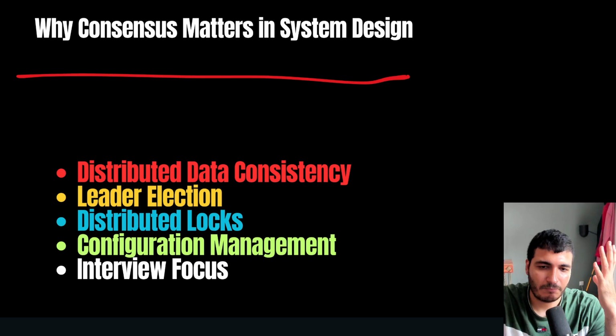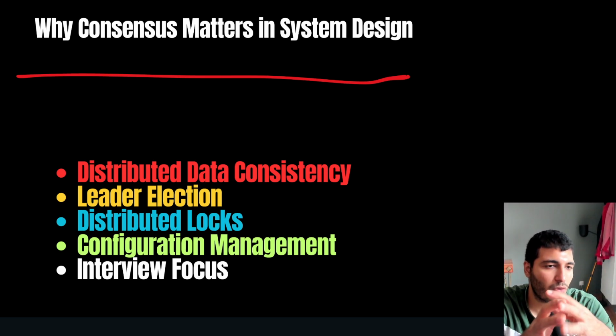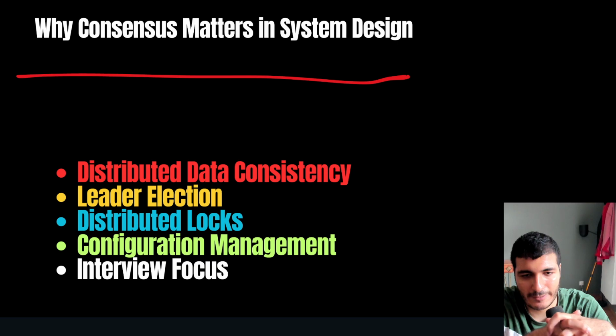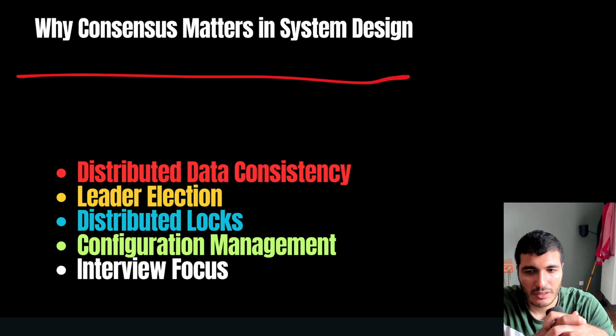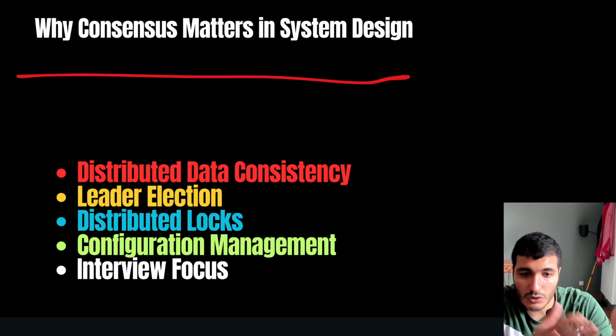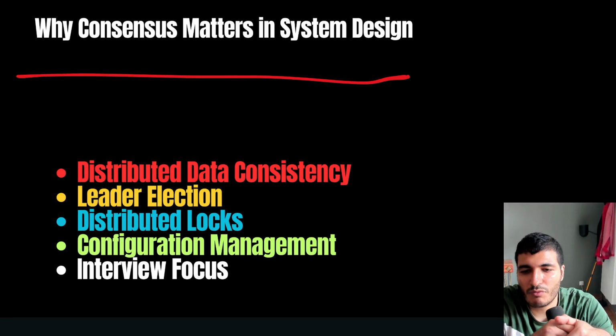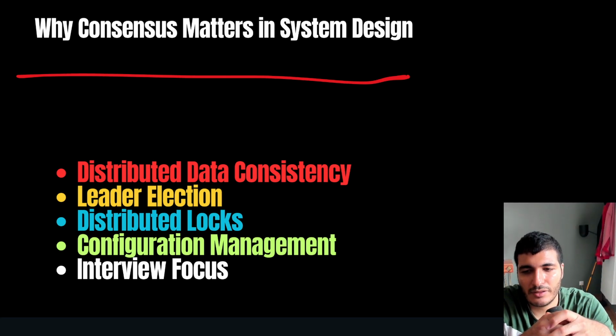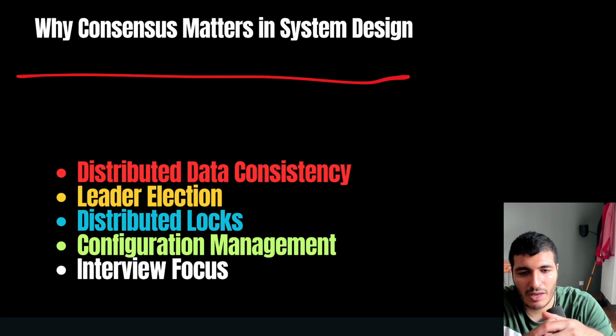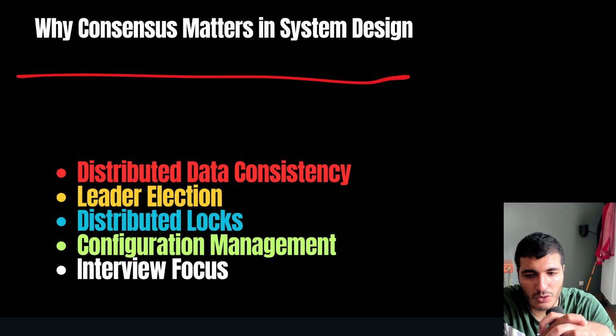I want to continue on that: in an interview, when you discuss critical shared state, leader election, or strong consistency guarantees in a distributed system, this is your cue to mention consensus algorithms. You don't need to implement them from scratch, but explain their purpose and the trade-offs. Mention Raft as a more understandable and practical algorithm for real-world scenarios.